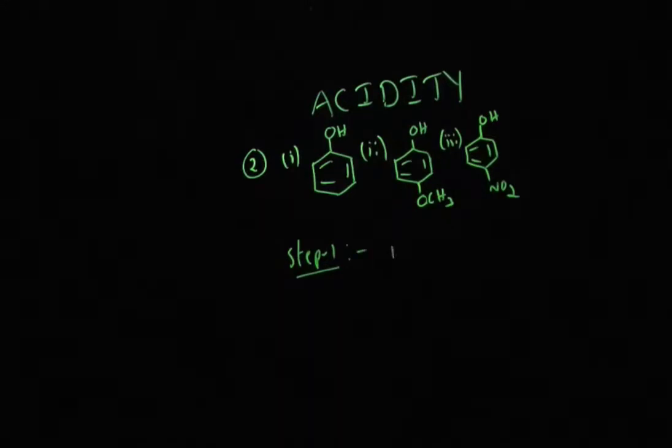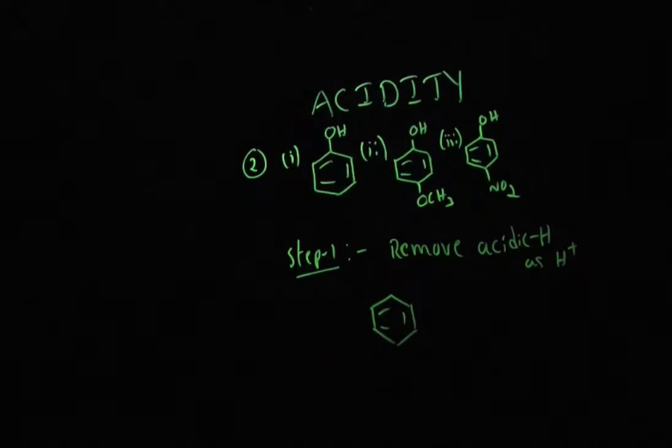Once you identify the acidic hydrogen, remove that acidic hydrogen. Step 1 is all about identifying and removing the acidic hydrogen. You can see clearly the hydrogen of OH is acidic, so try to remove that one. As a result, you remove it as H+, because it's an acidic proton, so you have to remove it as H+.